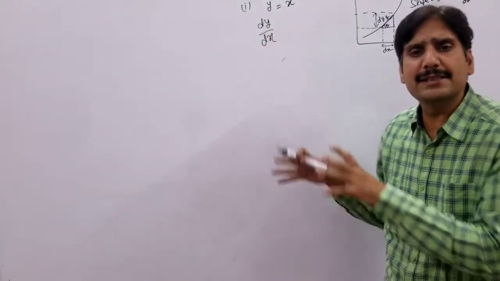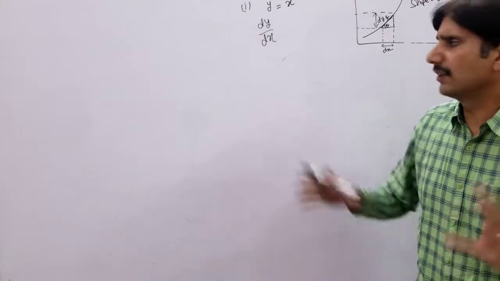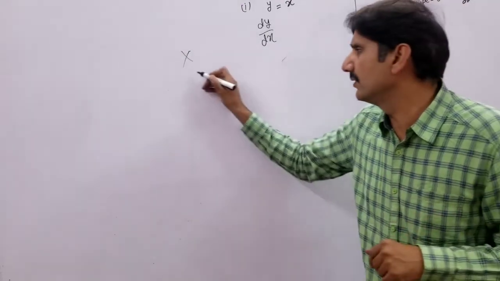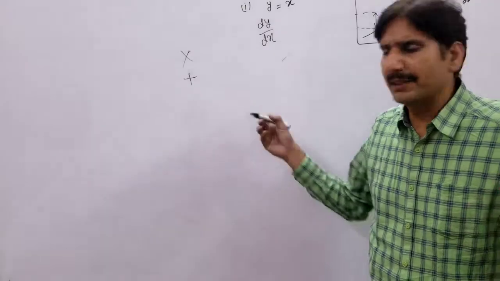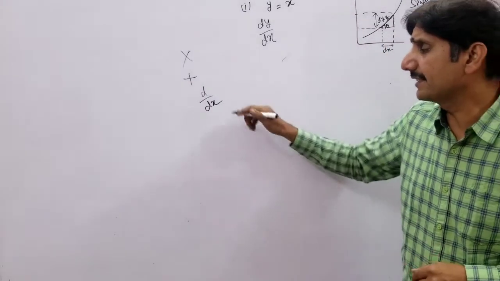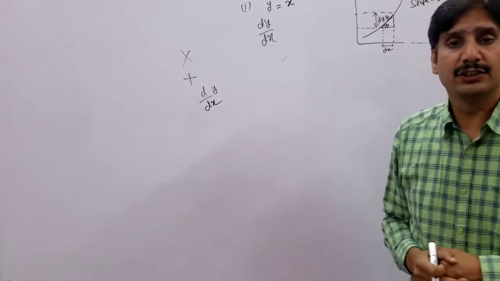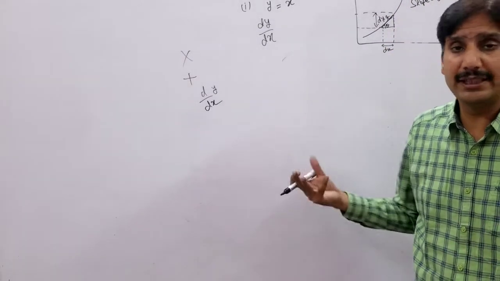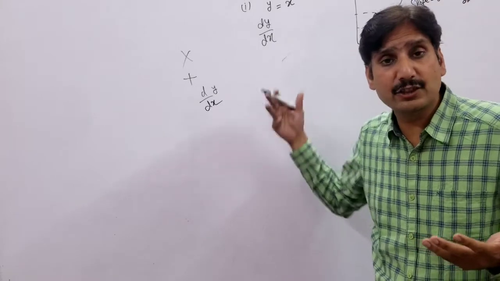So slope, and that has become the symbol of differentiation now. For example, for multiplication you use this, for addition you use this. Simply for differentiation you will use something like this, d/dx of y. You may read it as dy by dx, or d/dx of y.